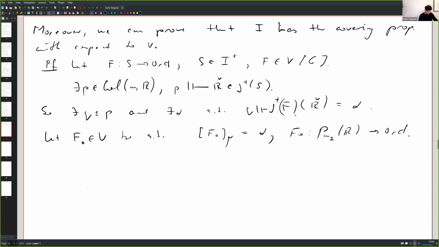So now notice, this is the key point, that F0 mu, this is what we have already proven when we did these calculations. This is just that, which I've been calling J plus. So by J plus, I mean the name for the embedding, right?